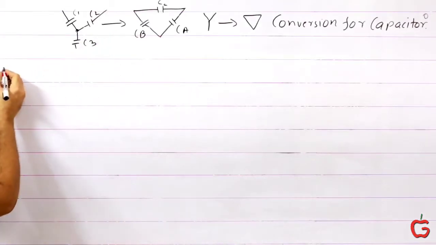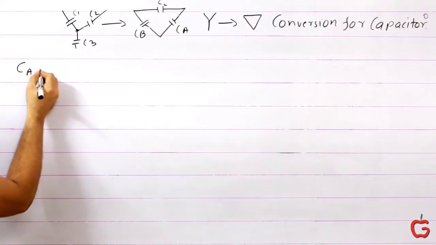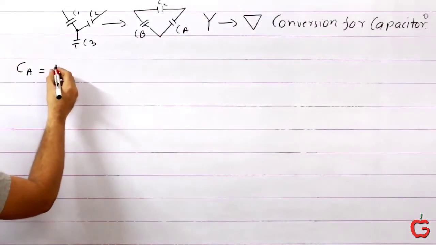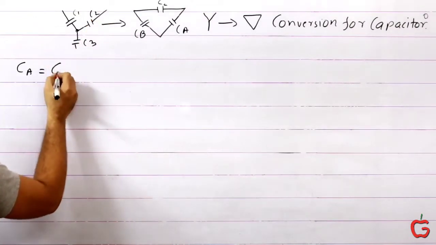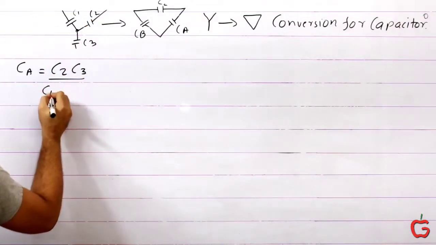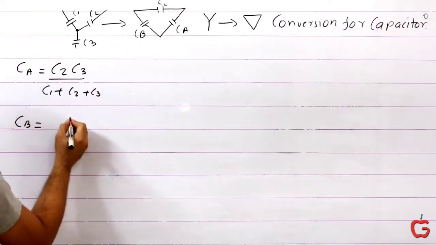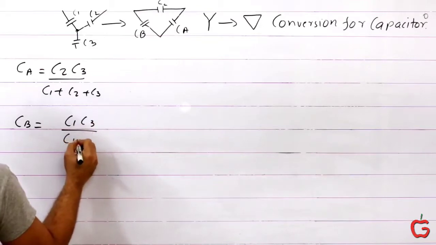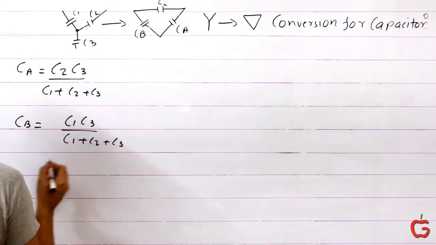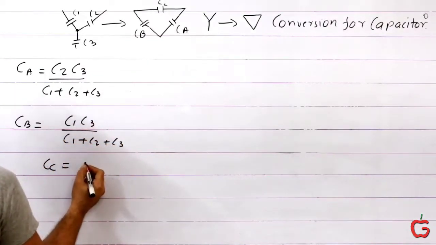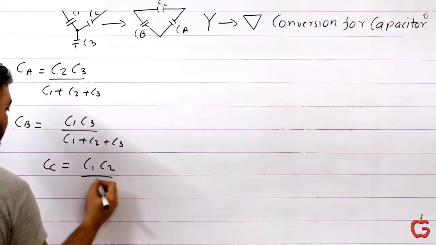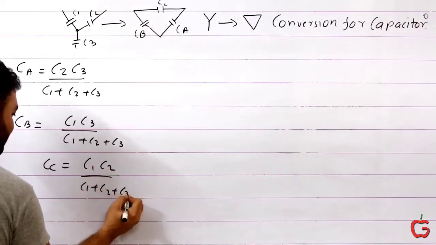So star delta is CA is the delta star for resistors. So that is C2 C3 by C1 plus C2 plus C3. CB is C1 C3 by C1 plus C2 plus C3. CC is C1 C2 by C1 plus C2 plus C3.